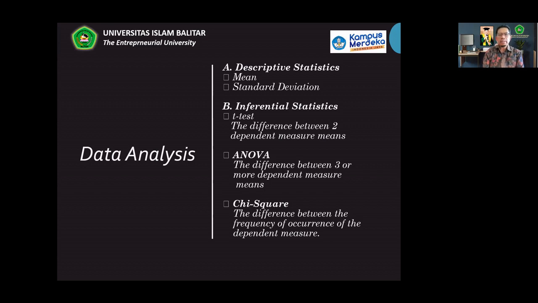Then ANOVA, which we use sometimes because we will see the difference between three or more dependent measure means. So if you have three or more dependent measure means, then you use the ANOVA. Or we use the chi-square, which is the difference between the frequency of occurrence of the dependent measures. So these are the measures of data analysis for causal comparative research.